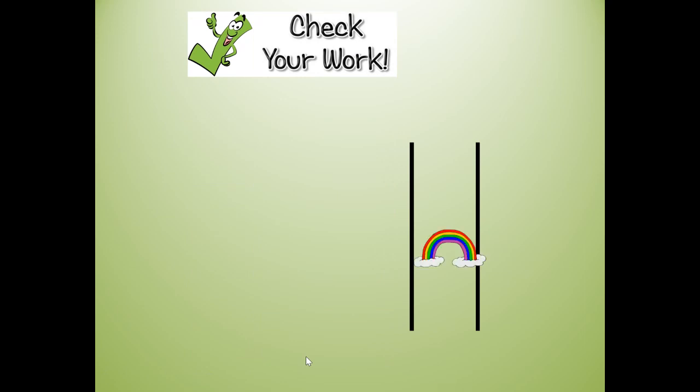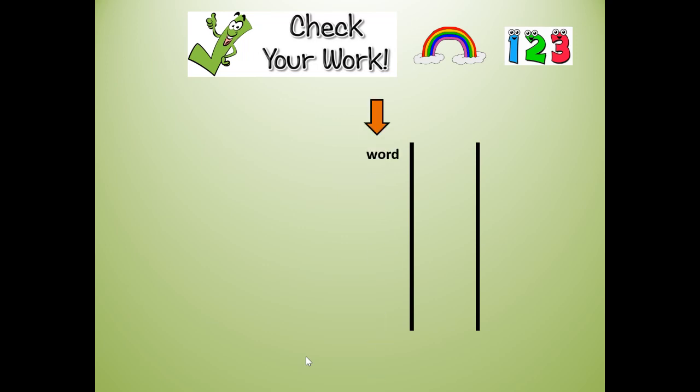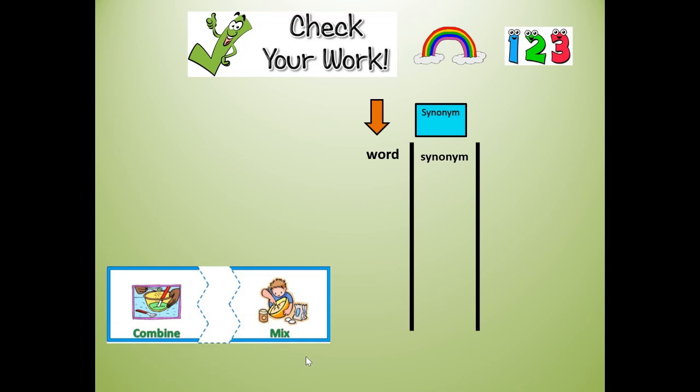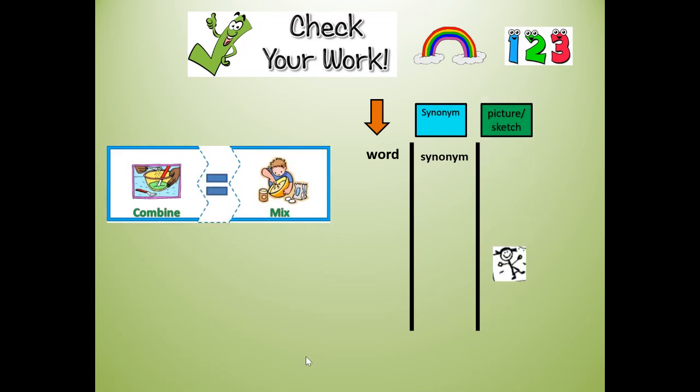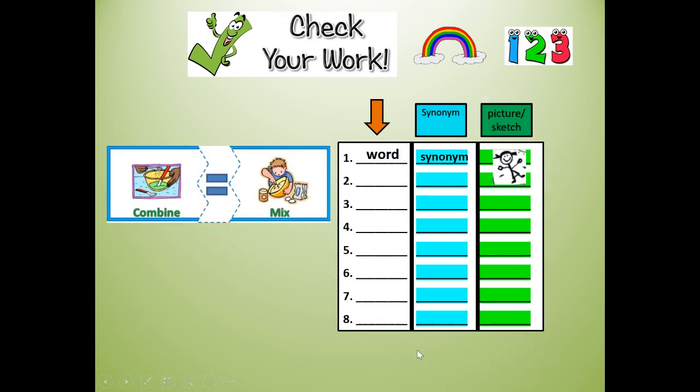So now it's time to check your work, where you can either make sure you have all 8 words and you're going to rainbow write those words 3 more times, or you chose to write the word and then the synonym and then the picture, because remember, a synonym is like means the same, just like combine means the same as mix.